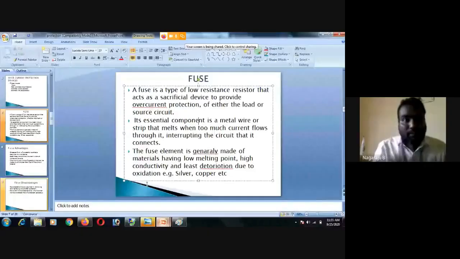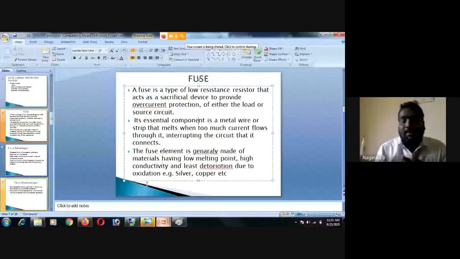All of you remember this. For fuse rating selection, you need to see the continuous current carrying capacity, nominal voltage, maximum design voltage, and interrupting capacity.